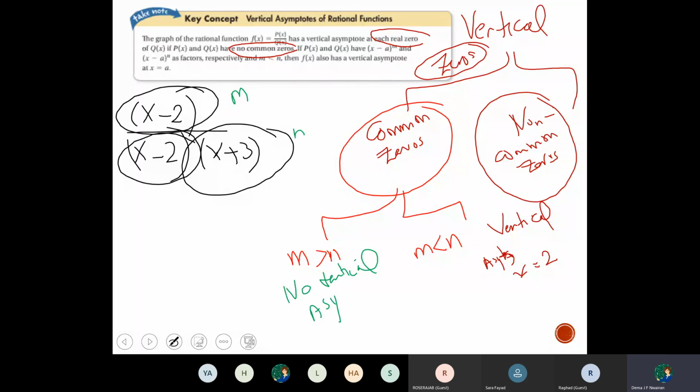But if m is less than n, as you see here, I will check that. If there are common zeros, yes, there are, this one and this one. Because of that, I will say that at x equals negative 3, I have a vertical asymptote.